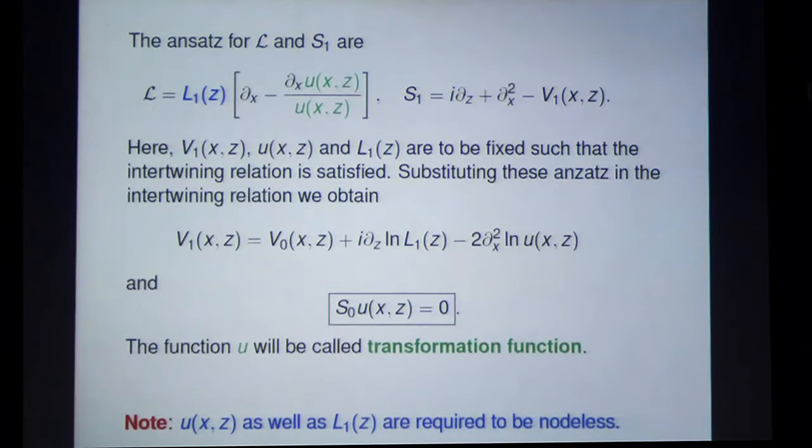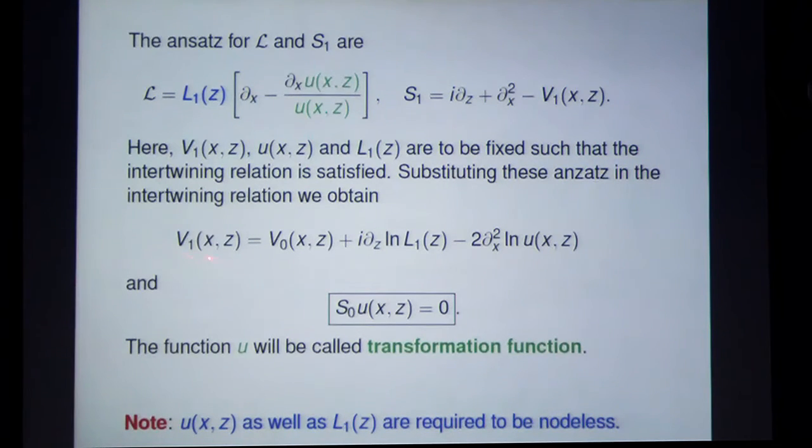Next, we need to ask something for this potential, because this potential could be complex. We can see that here we have an I. Also, this function is a complex function, and L1 could be complex. So this is where we play a little bit in standard quantum mechanics.